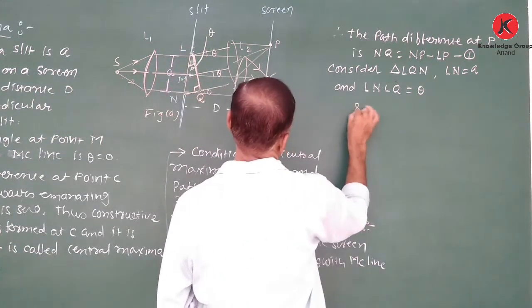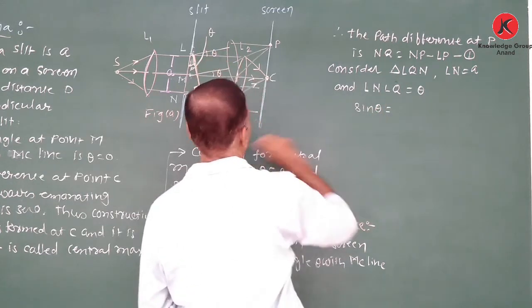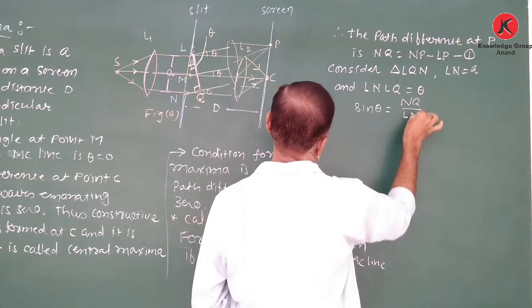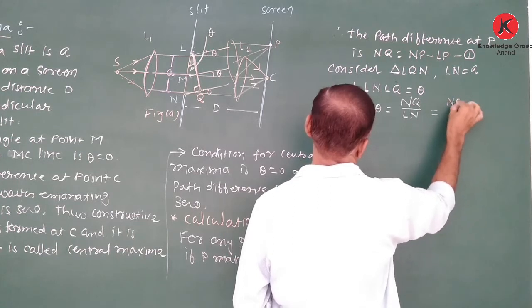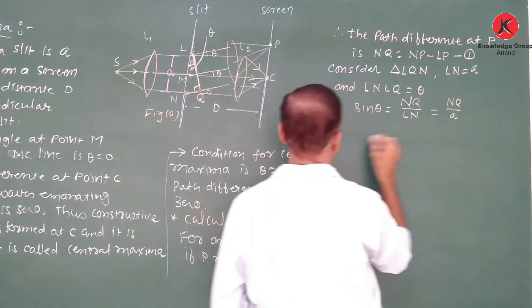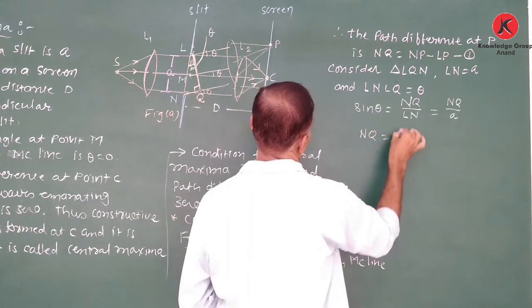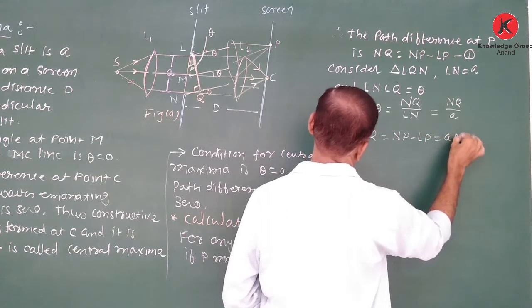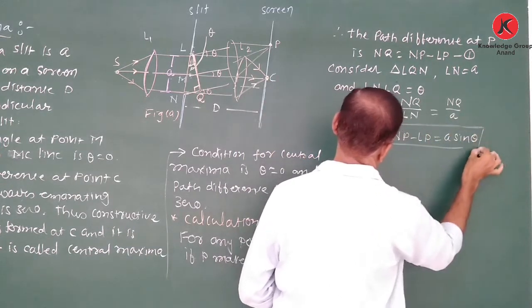Therefore, sin theta is equal to opposite to hypotenuse, opposite is NQ upon LN. NQ is our path difference, LN is equal to A. Therefore, the path difference NQ is equal to NP minus LP is equal to A sin theta. So that is the equation of the path difference.